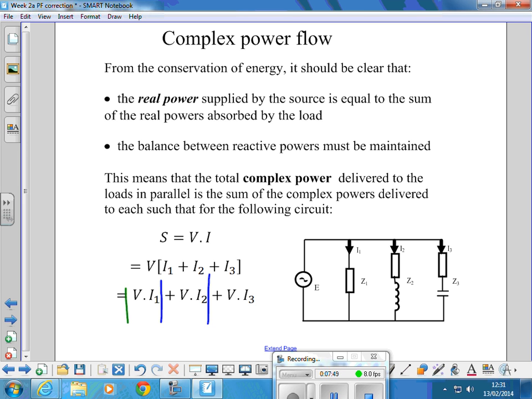This bit the power for Z2, and this bit the power for Z3. So the voltage is the same for all of them. So if we find all three currents and then multiply each one by the voltage, we'll get the three powers, and we can then add them all together to get the total.